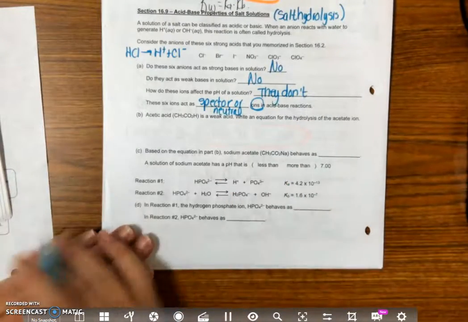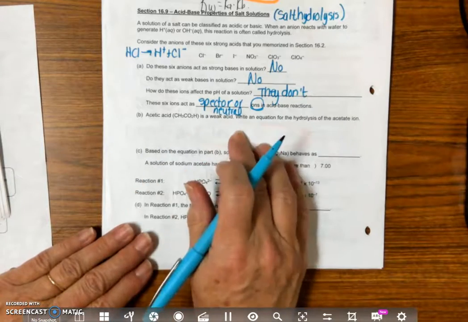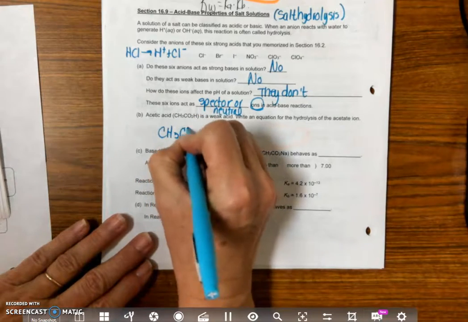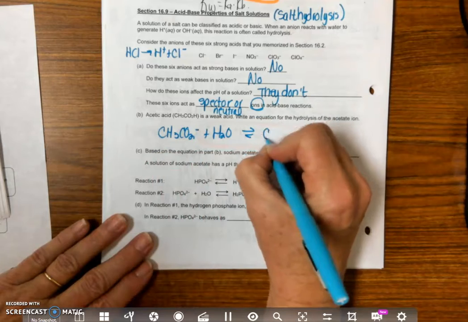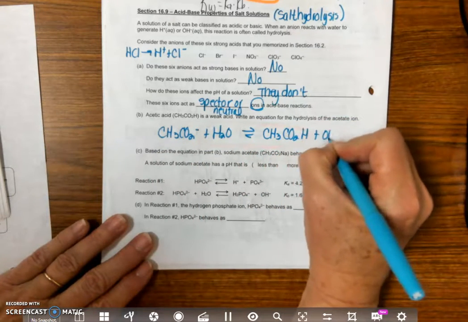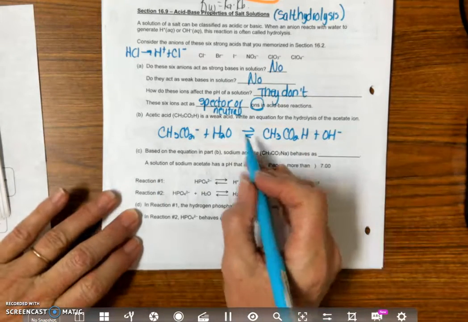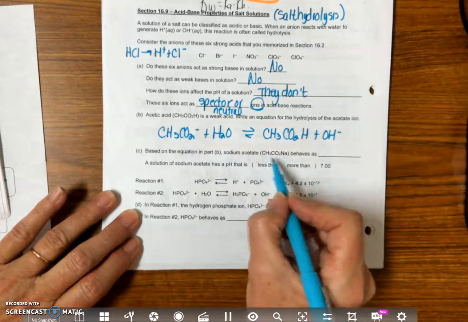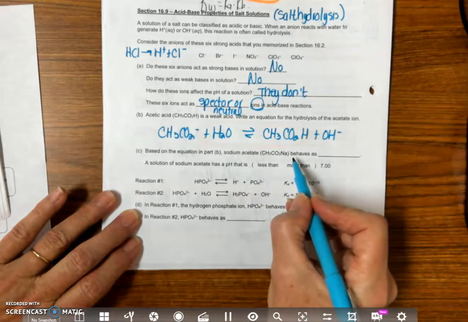Now, let's look at some ions that aren't necessarily neutral. It says here, write an equation for the hydrolysis of acetate ions. So this is acetate plus water gives acetic acid and hydroxide. Now, if I dissolve sodium acetate in solution, the acetate will behave as a base.